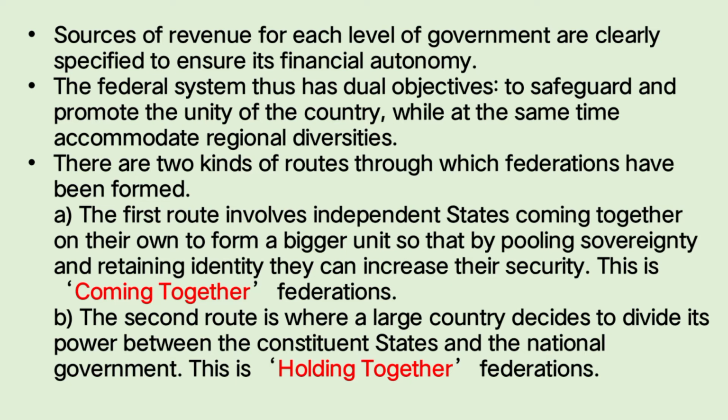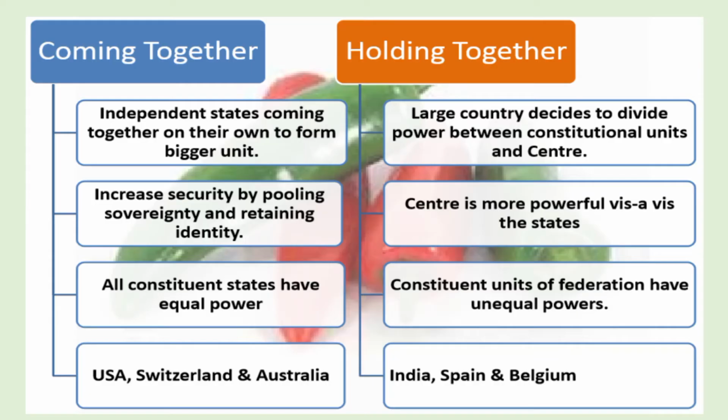In the second route, a larger country decides to divide its power between the constituent states and the national government. This is the holding together federation. So once again, a clear-cut distinction between the two. Independent states come together on their own, with no compulsion, to form a bigger unit.